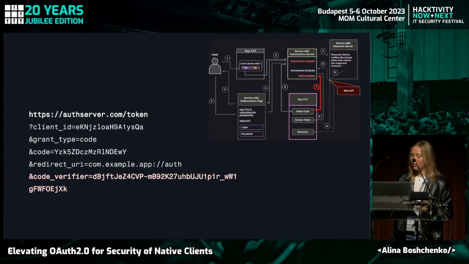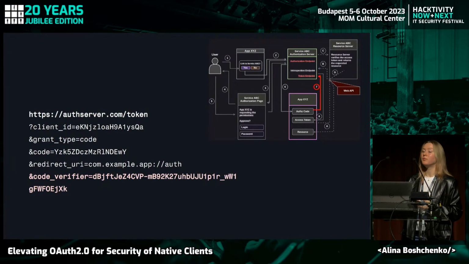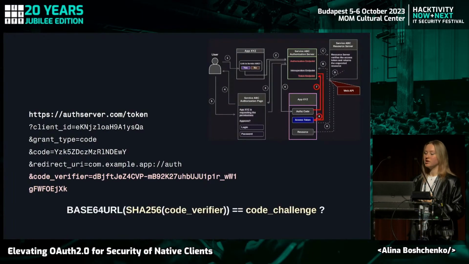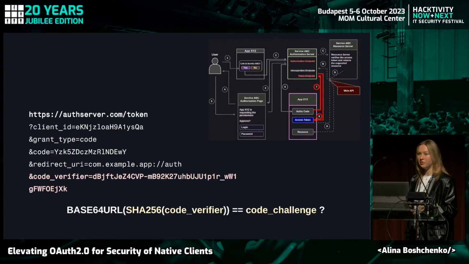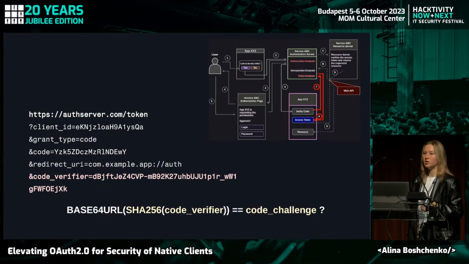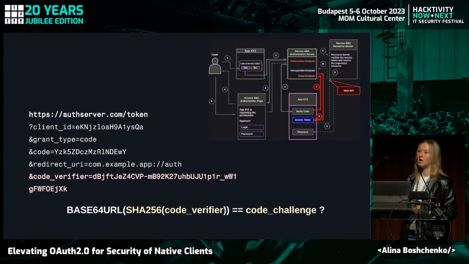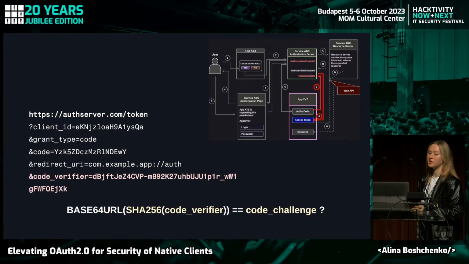And when this request reaches the server, it's able to perform the checks if the code actually belongs to this client app. We already have the code challenge stored on the server, and now we can hash and encode the code verifier value and check if they are equal. If it's a match, then the token is issued and the access can later be granted.